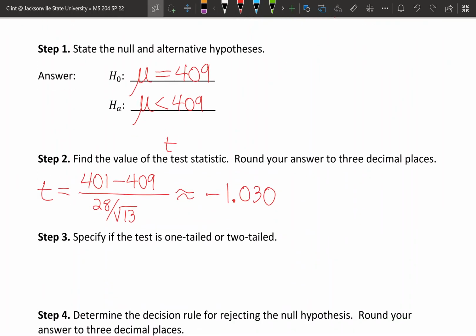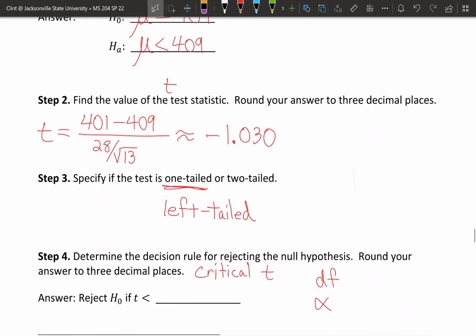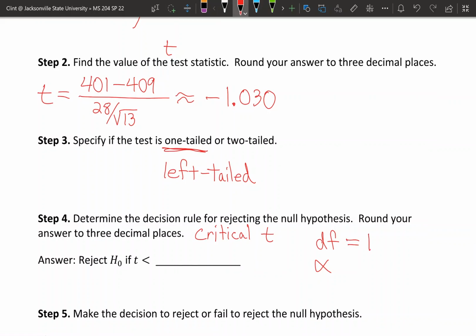This one is not only a one-tailed test, it's left-tailed. And it says determine the decision rule, so what this is asking for is the critical t. So we need degrees of freedom and we need to know our level of significance. So we had a 13 bag sample, we got 12 degrees of freedom.